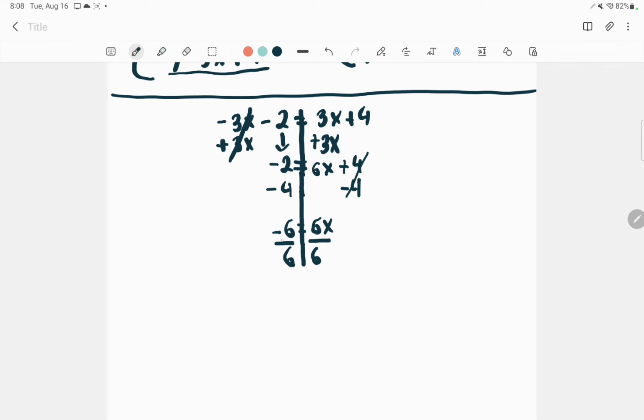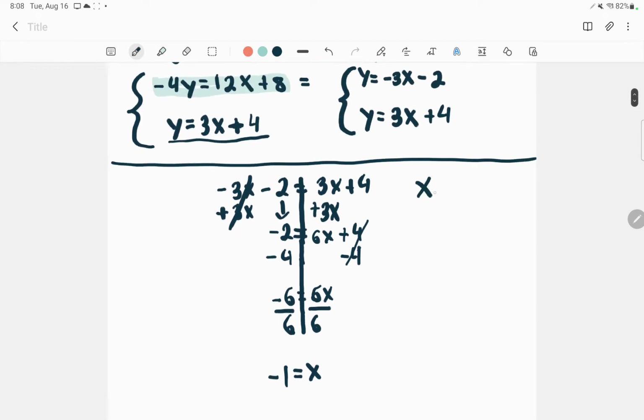And you're going to notice that we have a negative 6 on the top and a positive 6 on the bottom. So that's going to become what? Negative 1. And over here, it's just going to be x. So our answer for x is equal to negative 1. That's my first answer.